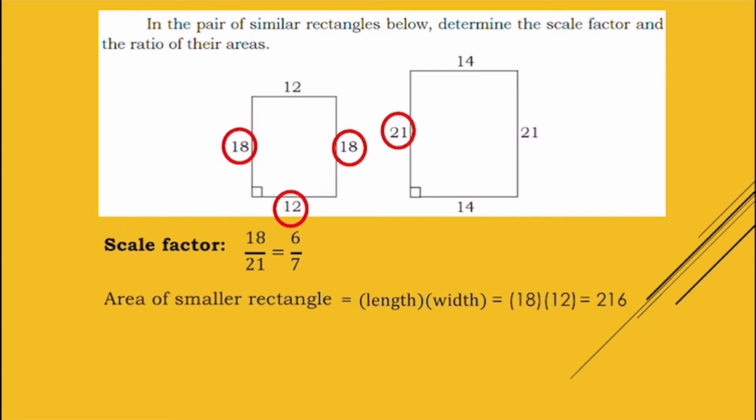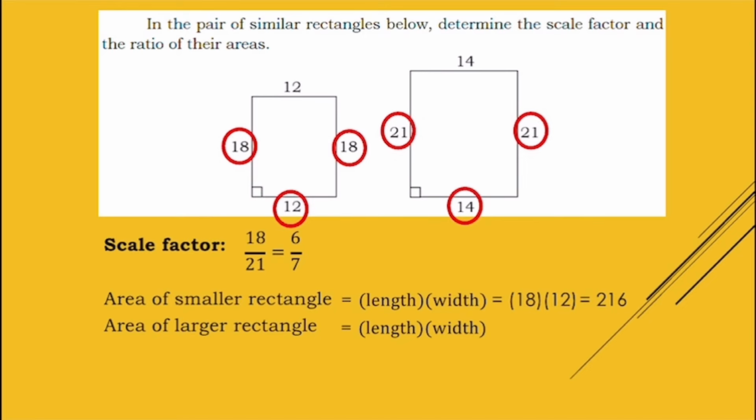Now, let's proceed to the area of the larger rectangle, again multiplying the length and width. We have 21 times 14, which is equal to 294.